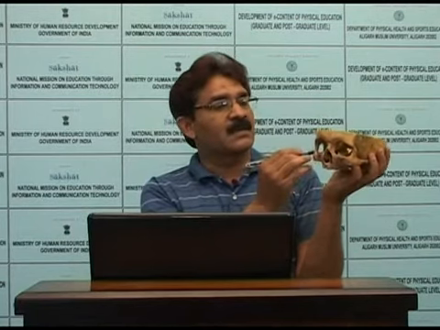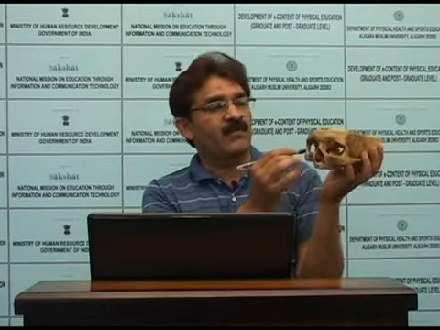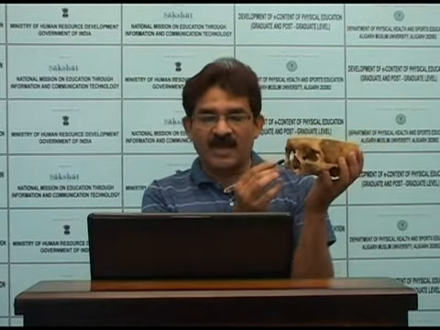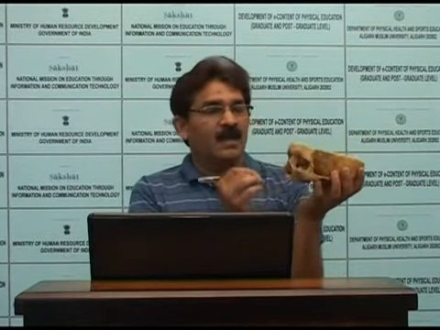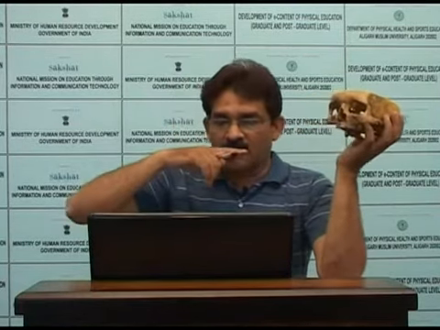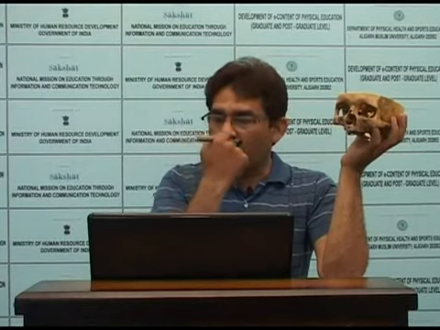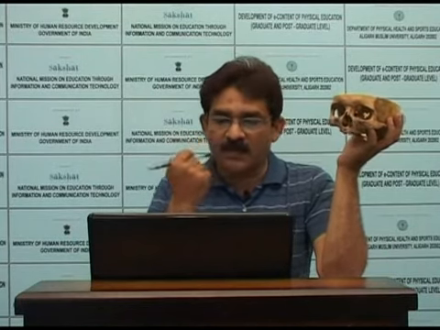This area is of the zygomatic bone, and above the upper teeth, the bone is called the maxillary bone.